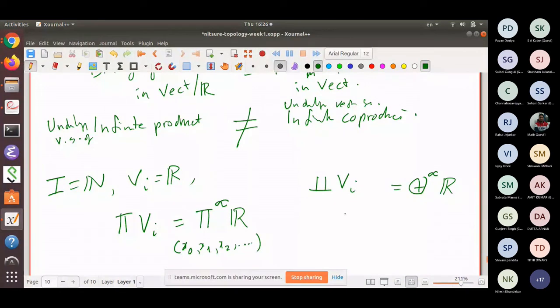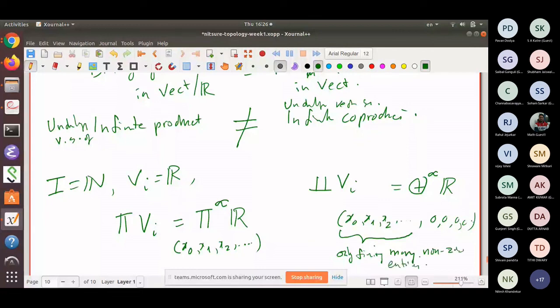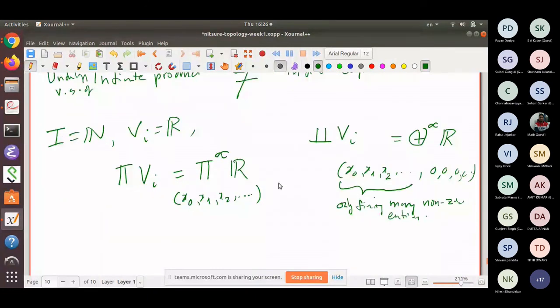And these are all tuples x0, x1, x2, and so on, where only finitely many entries are non-zero, and all other entries will be zero. In the product, you can have all entries arbitrary.